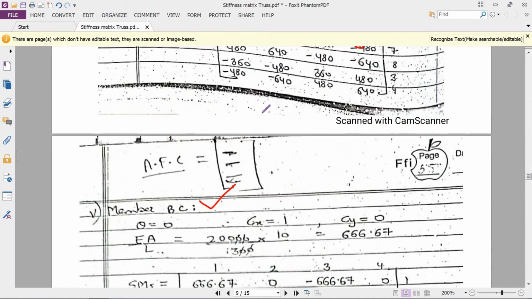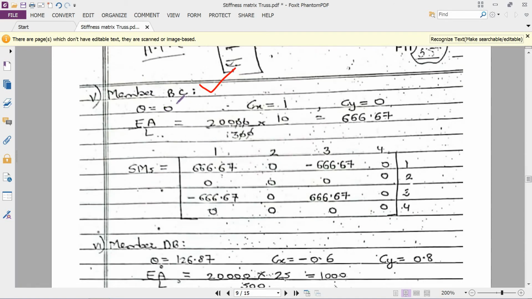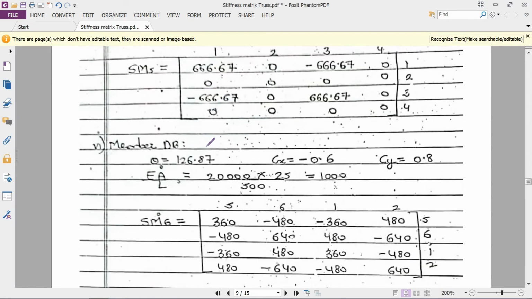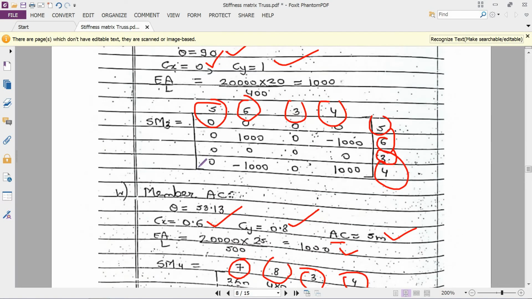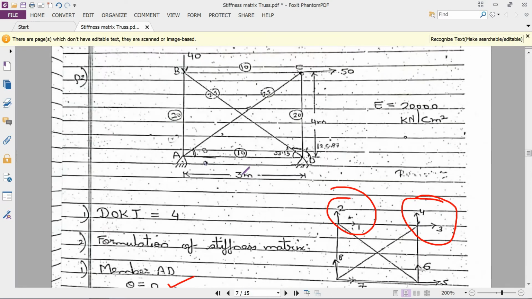For this case also we have to repeat the same procedure and calculate the values. Then finally we have to calculate member DB, 126.87. Now this angle is very important. In your examinations the problem may be given like this, with only the angle 53.13 given.